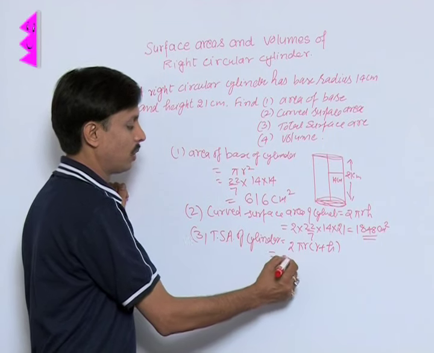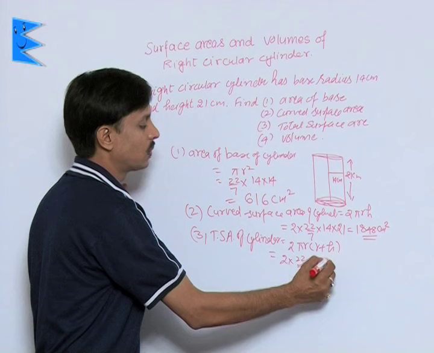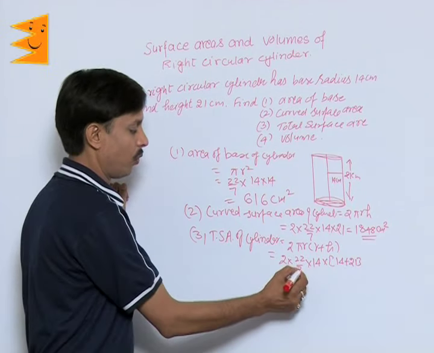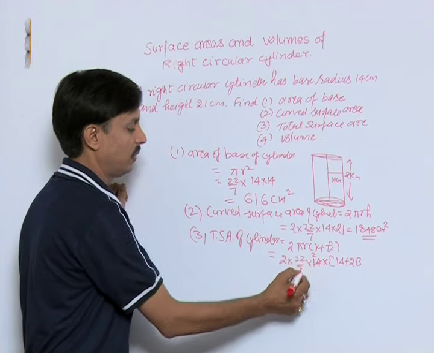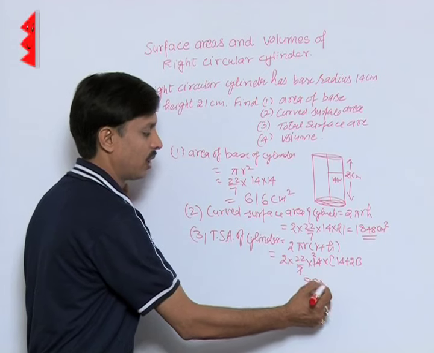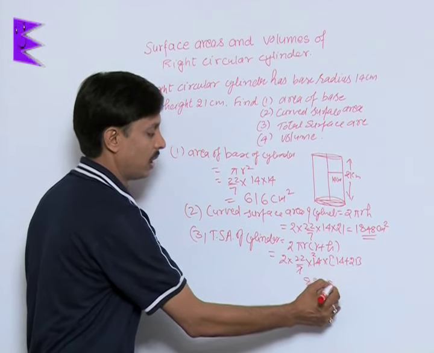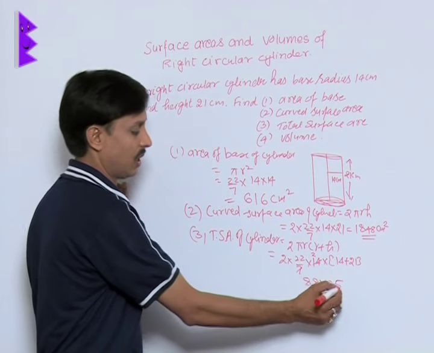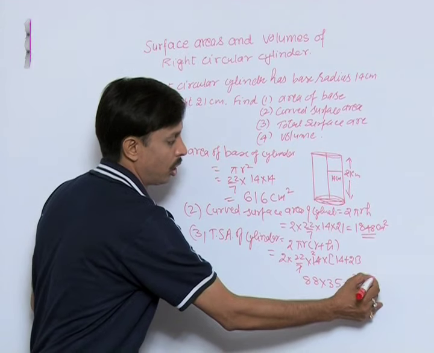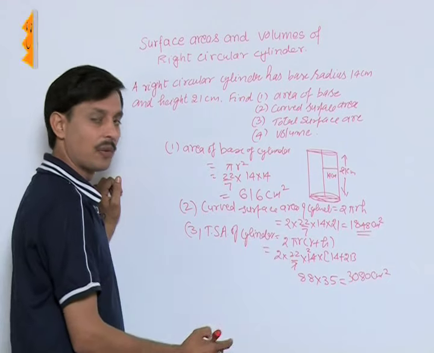That value will come 2 into 22 by 7 into 14 into (14 plus 21), which gives us, after cancellation, 2 into 2, 4 into 22, 88. 88 into what? 14 plus 21 becomes 35. This result after multiplication gives us 3080 centimeter square. This is the total surface area.